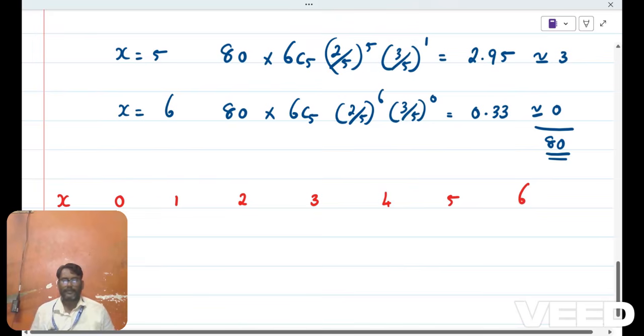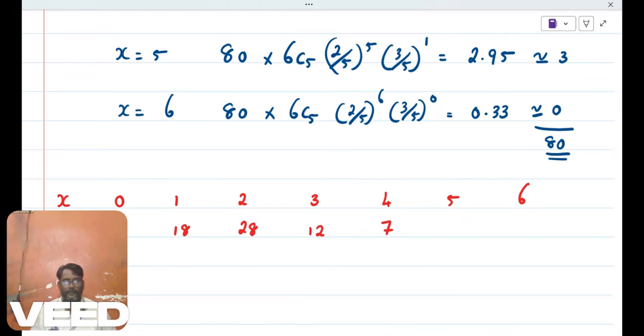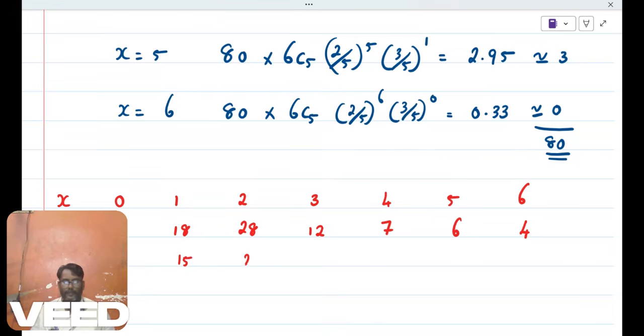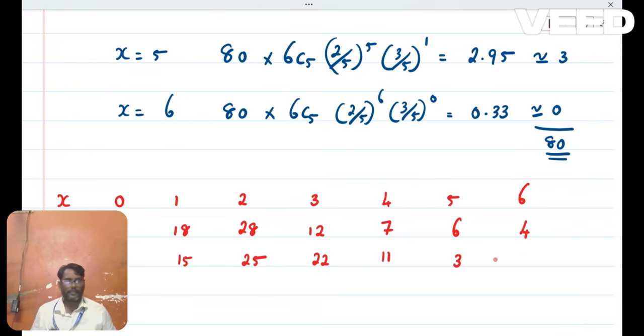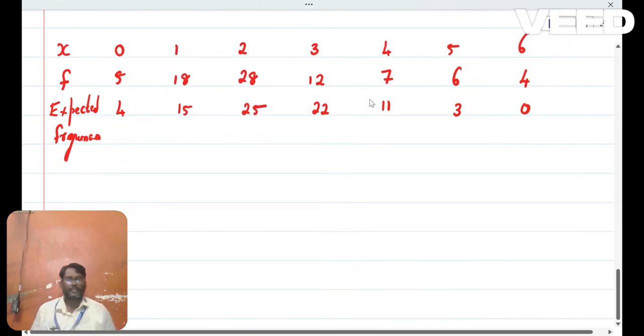The given frequencies f are 5, 18, 28, 12, 7, 6, 4, and the expected frequencies are 4, 15, 25, 22, 11, 3, and 0.